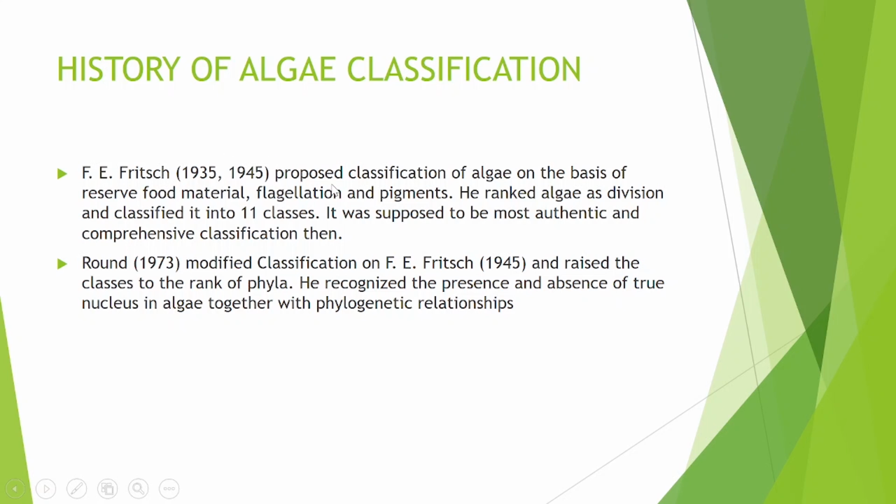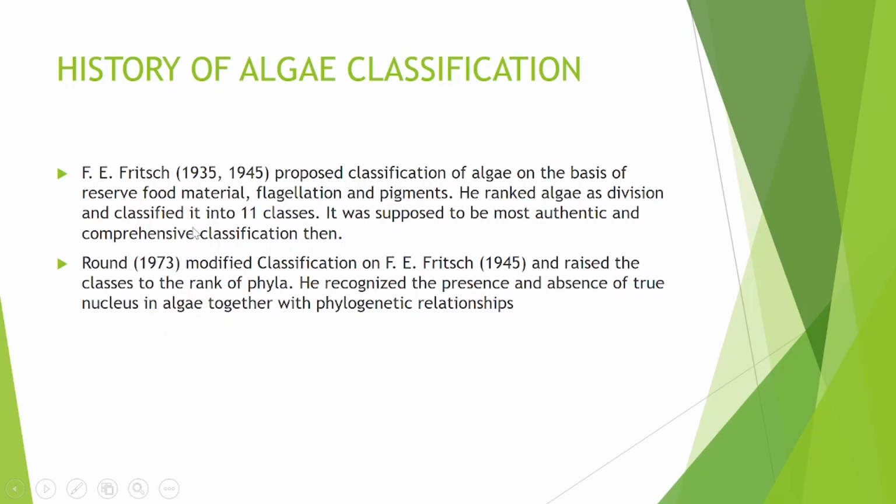His basis of classification of algae was the food reserve material, flagellation, and pigments. So he ranked algae as a division and classified it into 11 classes. It was supposed to be the most authentic and comprehensive classification then.